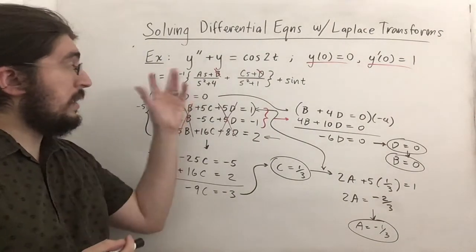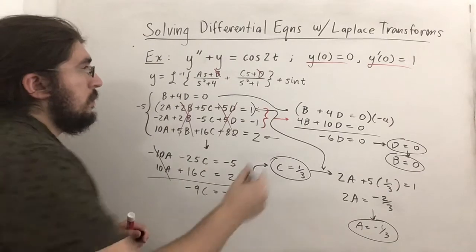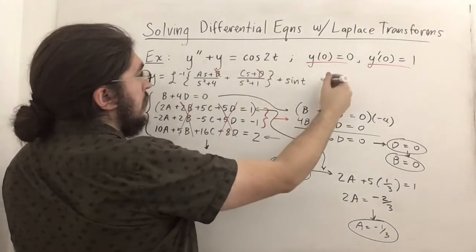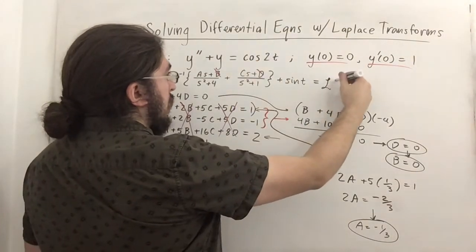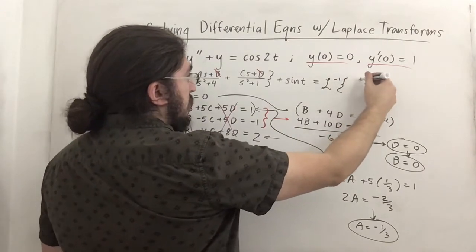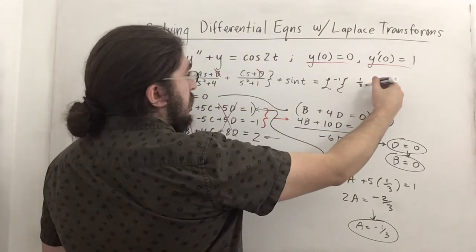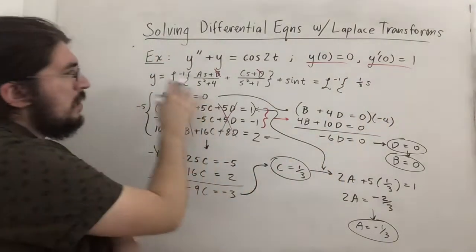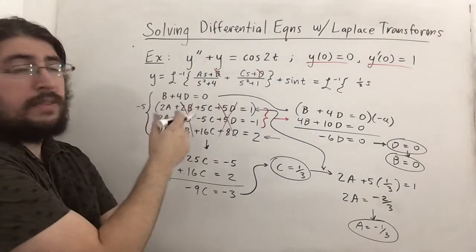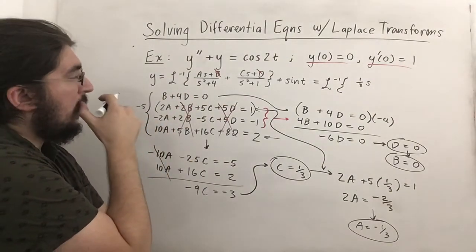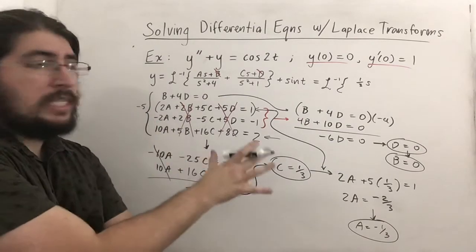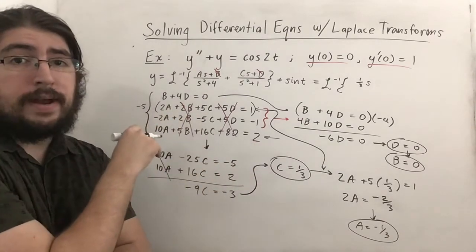So that's actually really good. So now we know exactly what this is. So specifically, this is going to be Laplace inverse of 1/3 s. And you know, actually, we can even split this up further and pull the 1/3 out of the Laplace inverse. So just to make space, I'm going to erase this real quick and do that actually right now.